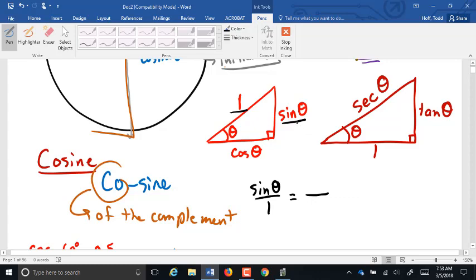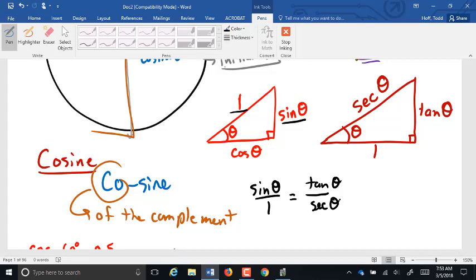What side of the other triangle corresponds to the sine? Tangent. What side of the other triangle corresponds to the 1? Secant. That's actually an identity. The sine can be found by dividing the tangent by the secant.